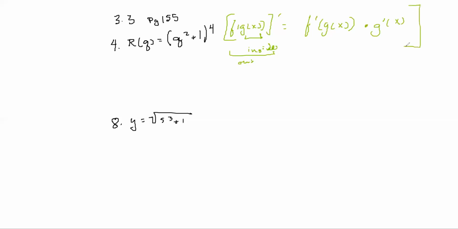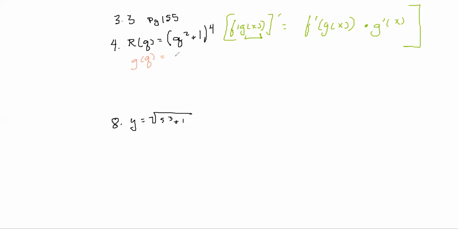So this is the rule that we're going to be using as we solve this problem. Basically what we need to do is identify which is f and which is g. And this is the same process we're going to be using for the stuff in 3.3 and 3.4, because it's a different formula, but there's still 2 functions involved. So g is our inside function, so it's going to actually be g of q here.